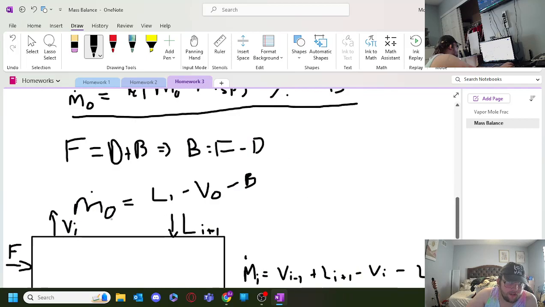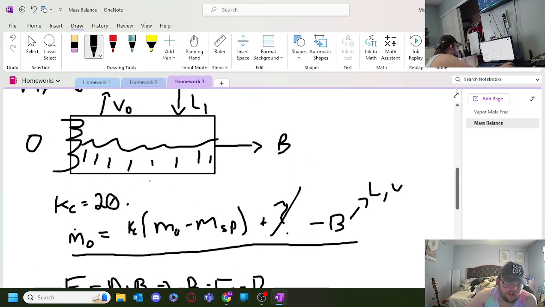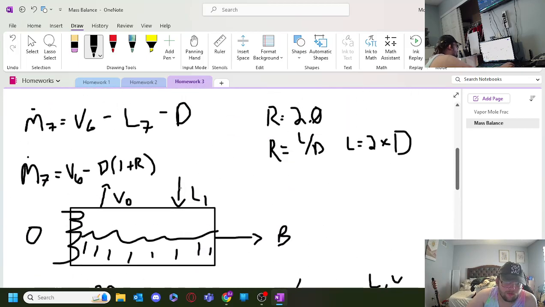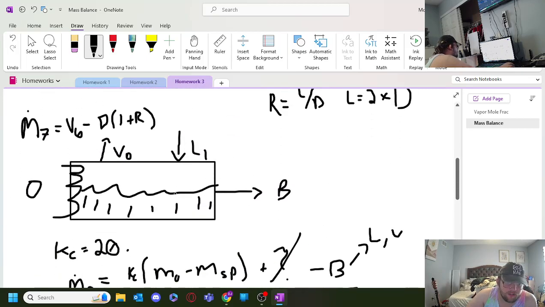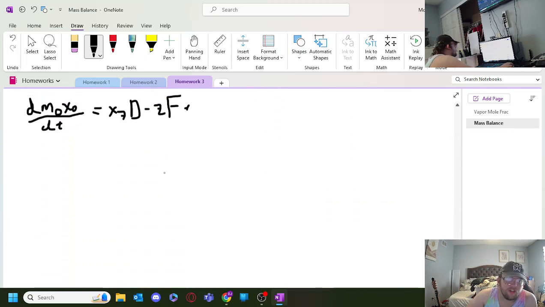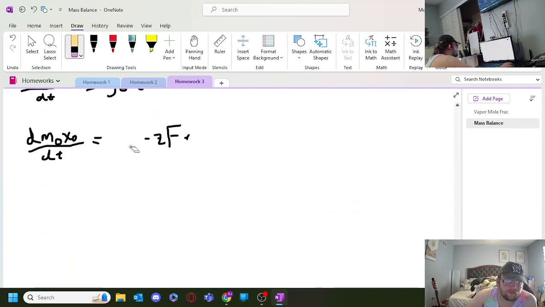Our mass balance, or the rate of the mole change in stage 0, is the liquids from above minus the vapors leaving minus the bottoms. Let's go down here, get rid of that.